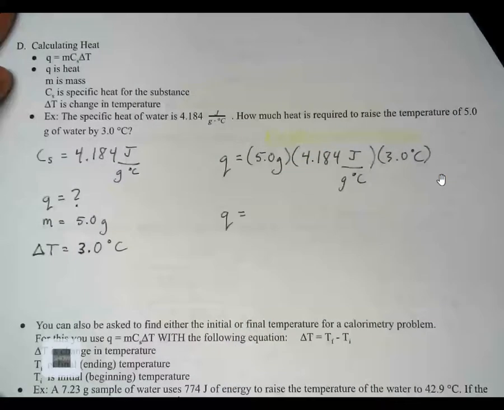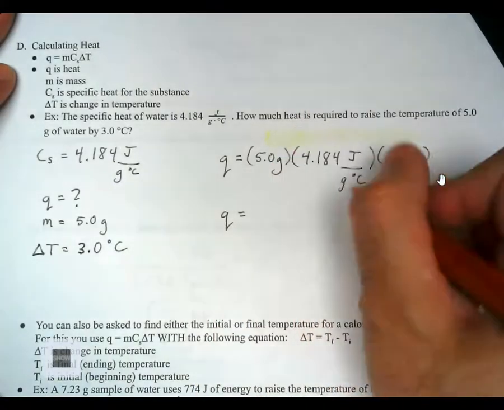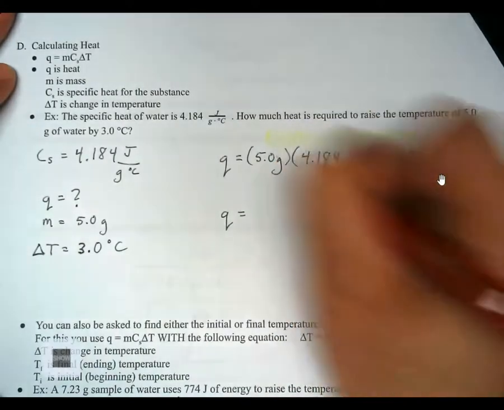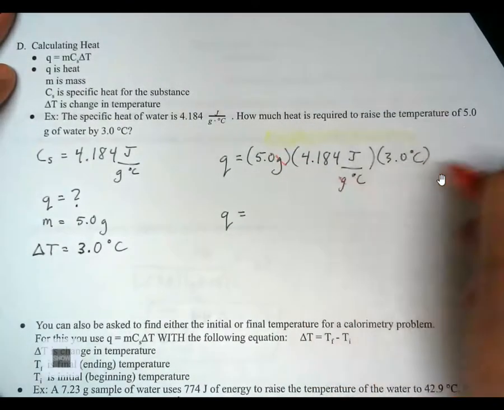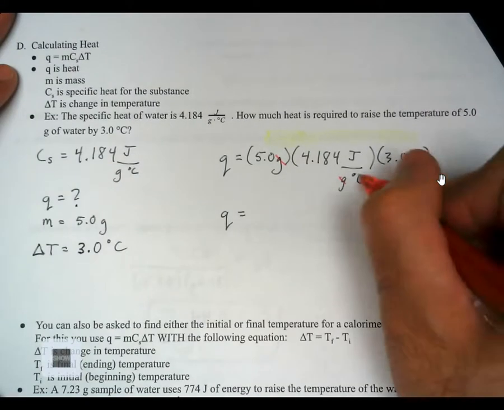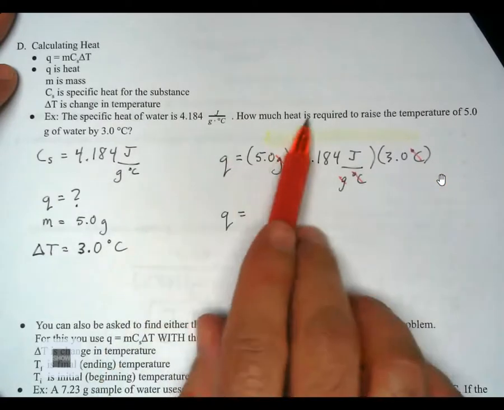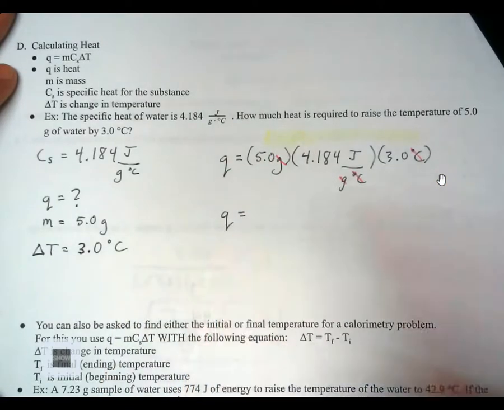And if you look at the labels, look what happens here. Grams is on the top and grams on the bottom, so it cancels. And if you set it up right, this should happen. Degrees Celsius cancel. So we're left with joules, which makes sense because we're trying to find heat energy, the Q. Joules is an energy label, so that works.